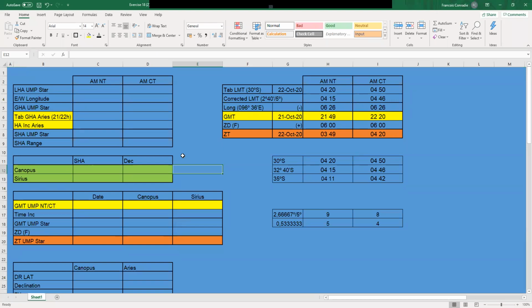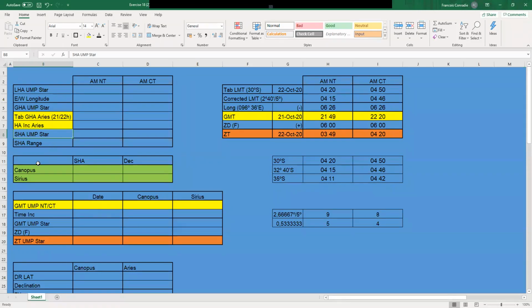But now, instead of working down to an HA, we are including the HA in the calculation, and we're working all the way down to an SHA. What's an SHA again? Anybody? Polar angle.